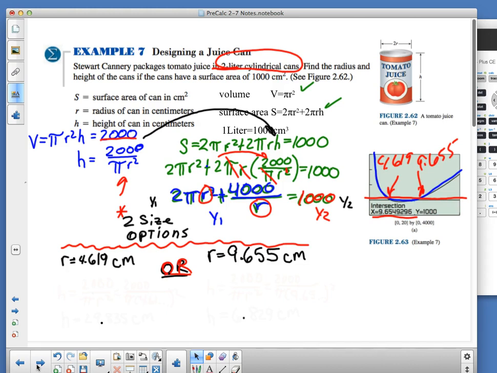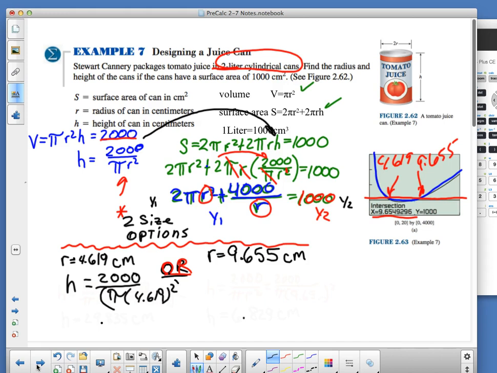So when my radius is 4.619, I'm going to take my h, which equals 2,000, divide it by pi, 4.619 squared. Make sure when you do that, you got this completely inside parentheses. Otherwise, you might make an oopsie and divide by pi and then multiply by 4.619 squared. So what I'd like you to do is take your calculator out and practice.